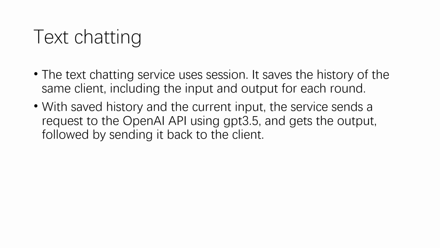Then, with saved history and the current input, the service sends a request to the OpenAI API using the GPT 3.5 model, and it gets the output from the OpenAI API, followed by sending it back to the client.